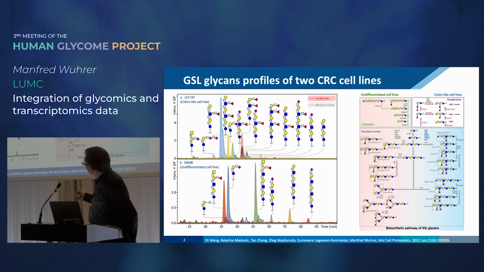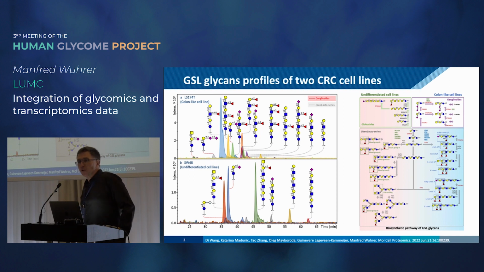If you look at the top cell line, then you will see a lot of Lewis-type terminal structures, Lewis X, Lewis Y, sialyl Lewis X, and so on. Whilst the undifferentiated cell line here has terminal GalNAcs, so that would be A-type blood group antigens. So blood group for undifferentiated, and then here for differentiated cell lines we have the Lewis-type structures.